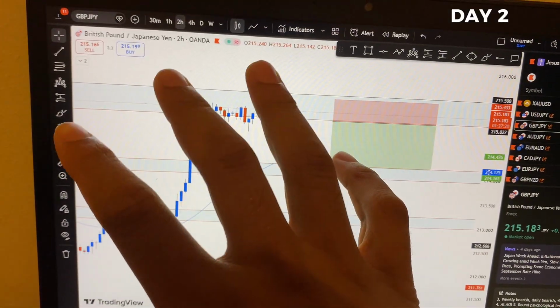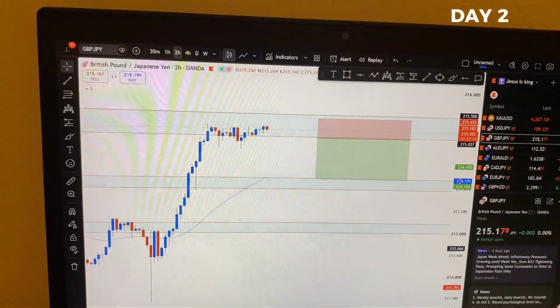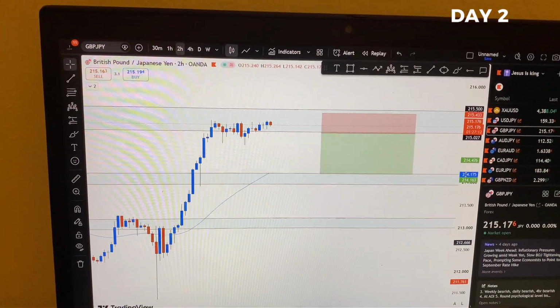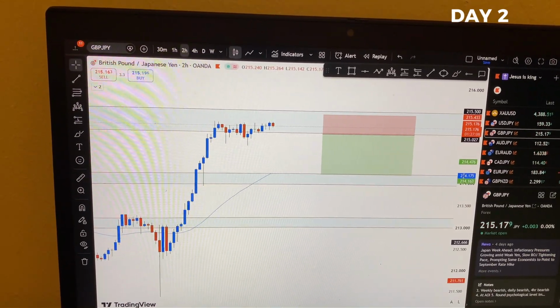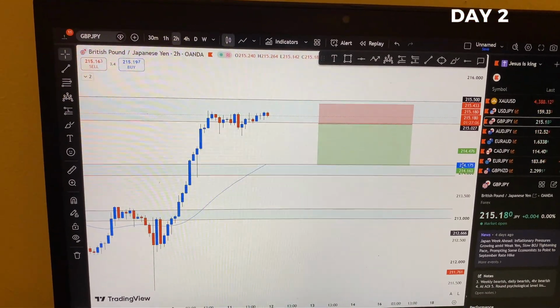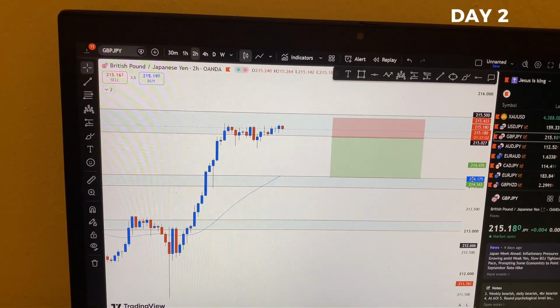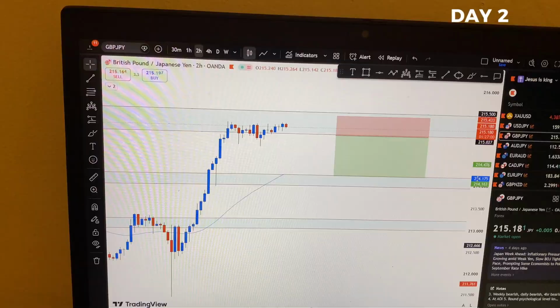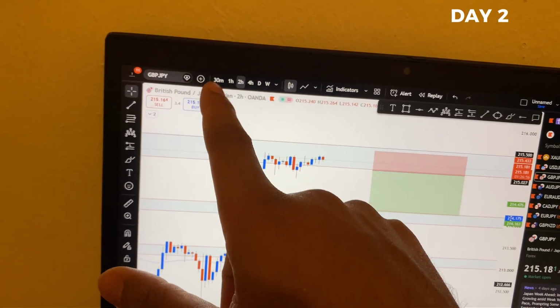So even though the higher time frames are bearish and I want to sell, I need to have the lower time frames in sync with the higher time frames. Meaning that if the higher time frames are bearish, at the moment of me taking the trade, I also have to have the lower time frames, which are the 2 hour, 1 hour, 30 minute.